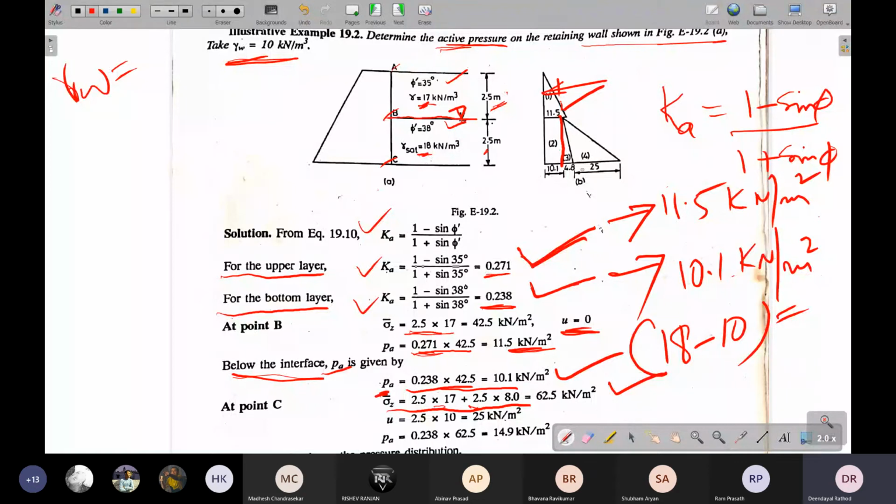Then for this layer, Ka we have to multiply with that. 62 multiplied by that, you will get 14. Then pore water pressure is 25. Understood? So what is happening here?